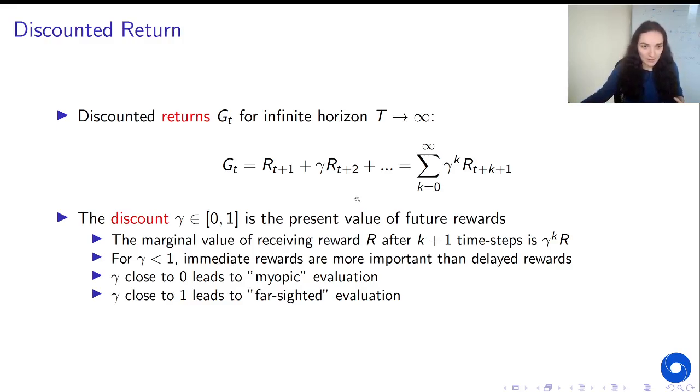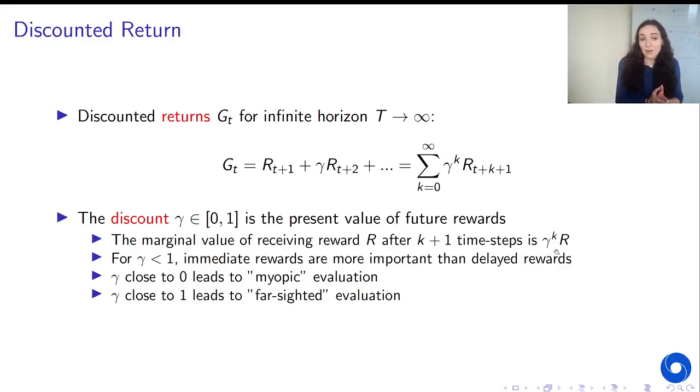Okay. And the discount, which is a number between 0 and 1, means that the marginal value of receiving rewards after k plus 1 time steps is actually modulated by gamma to the k, which can be a very small factor.